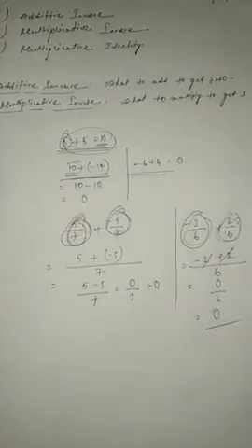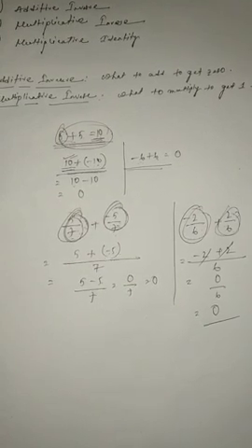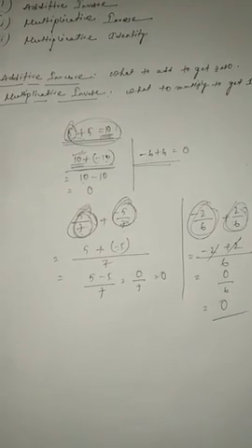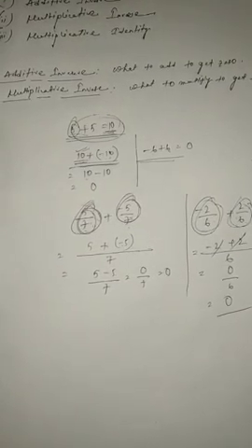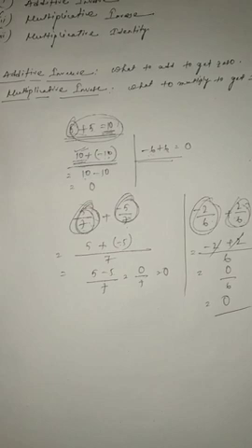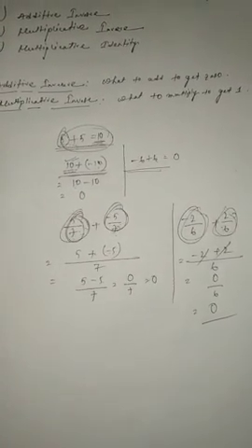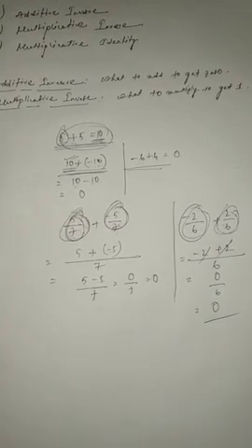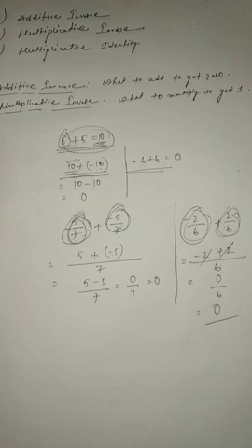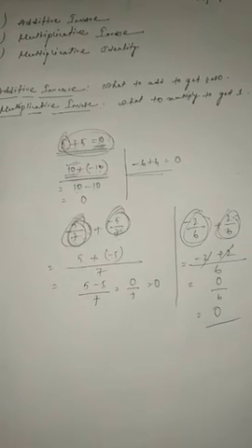Let us talk about multiplicative inverse. What is multiplicative inverse? The very first thing we have to know is the definition. The definition of multiplicative inverse is: what is to be multiplied to get 1? If I consider a number, I have to multiply something with that number in order to get 1. If I get 1, those numbers are multiplicative inverses of each other.